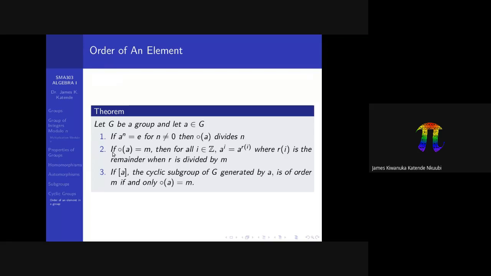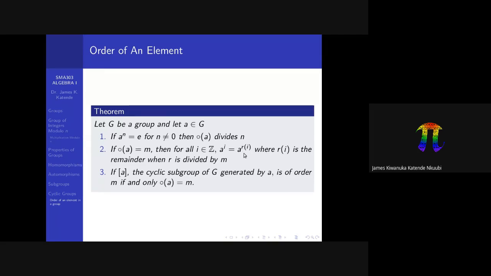The second part of the theorem says if the order of A is known and is equal to m, then for any integer i, A raised to i will be the same as A raised to r, where r is the remainder when i is divided by m.